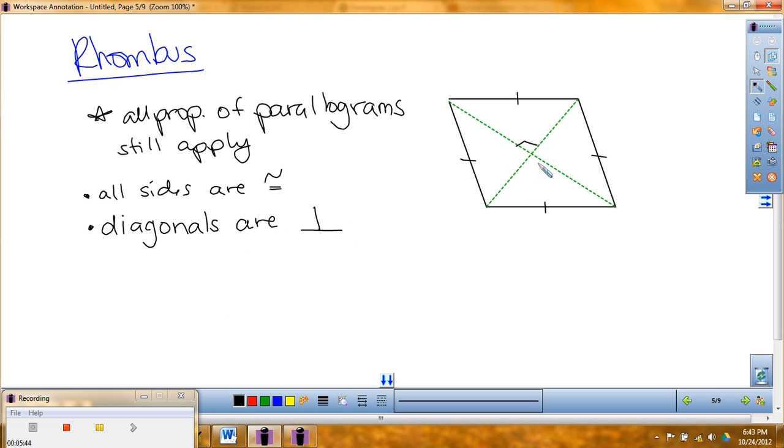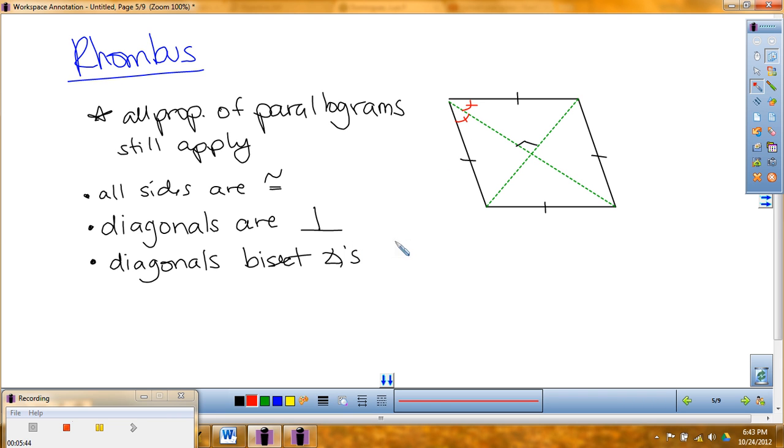There are a lot of interesting applications that will come in handy. Diagonals also bisect the angles of the shape. So what that means is this angle is congruent to this one.